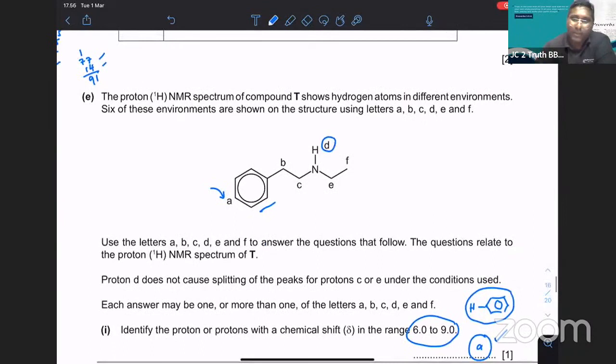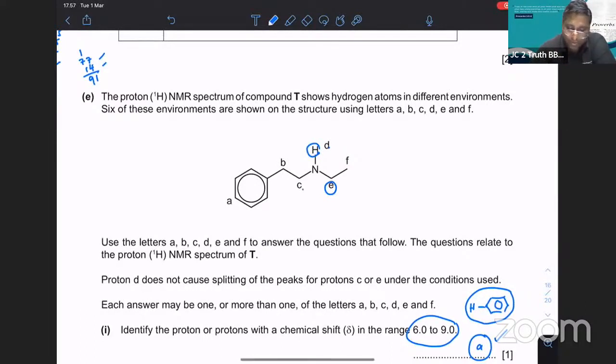Triplet means the neighbor must have 2 hydrogens. If I look at F, the neighbor has 2 hydrogens, so E is possible. If I look at D, there is no splitting, so no need to worry about D.